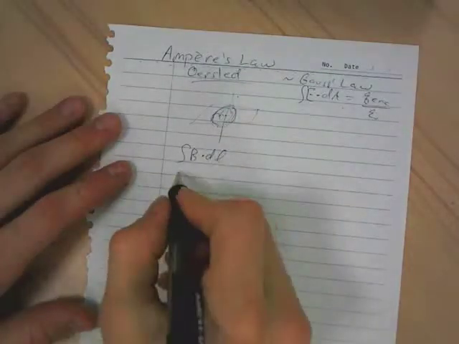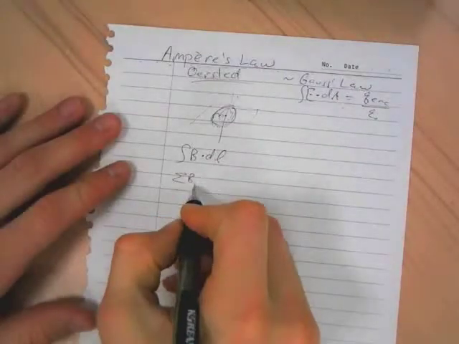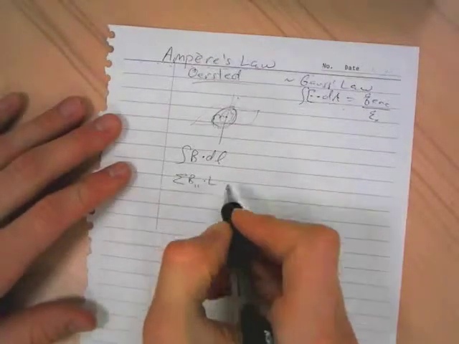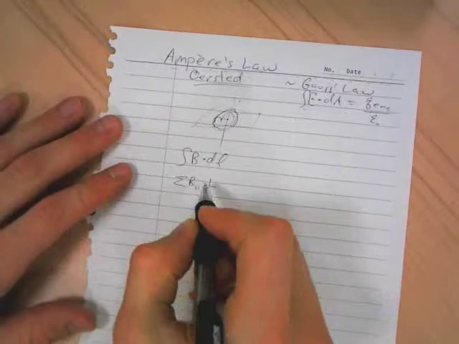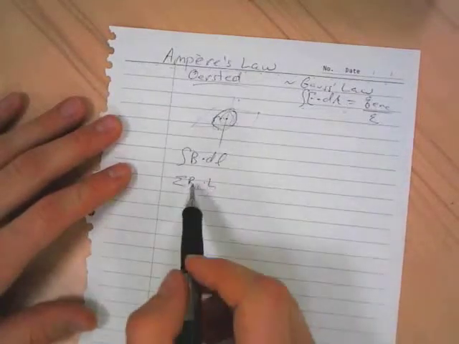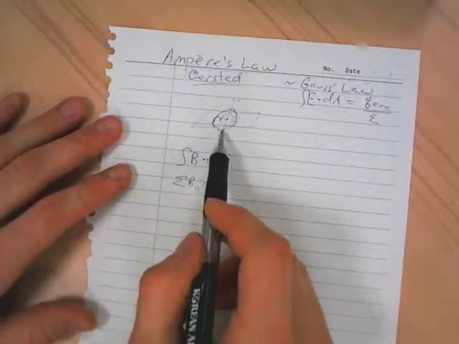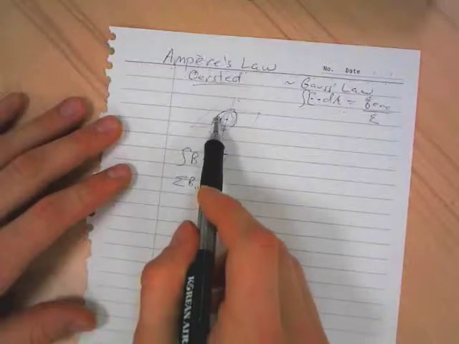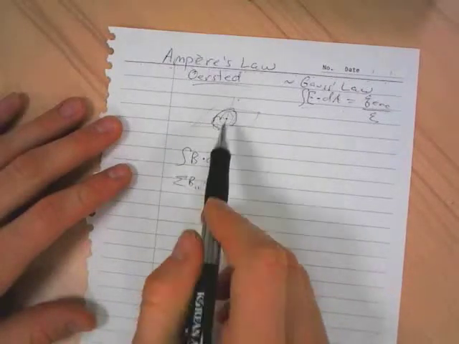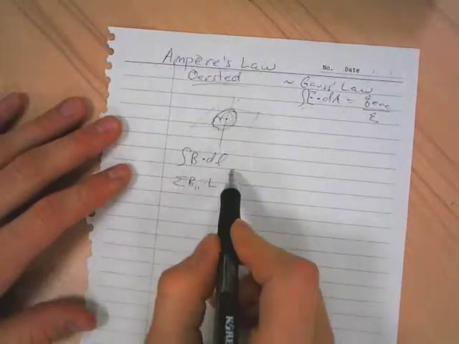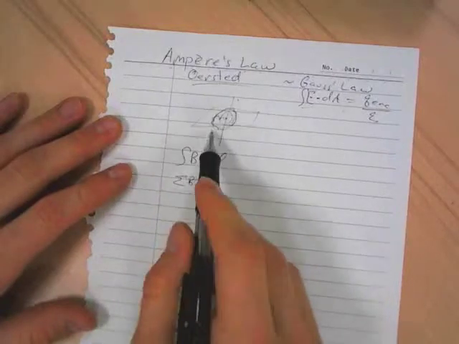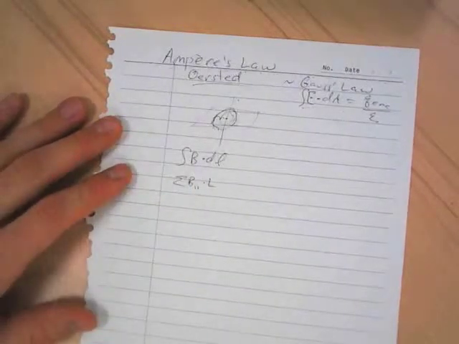I think the book says something like the sum of B parallel times L. It's just taking each little parallel B field component and multiplying it by each little length segment, which is the integral of B as you go around this path.